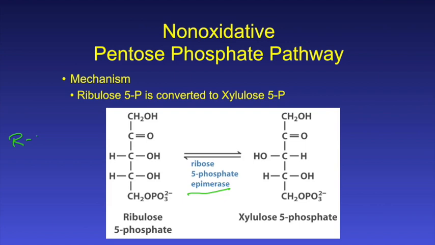Okay, so here is the big deal, and this is something that you need to know. The ribose 5-phosphate is an equivalent to the ribulose 5-phosphate, which is an equivalent to the xylulose 5-phosphate. They are all isomers of each other. They are all 5-carbon intermediates.